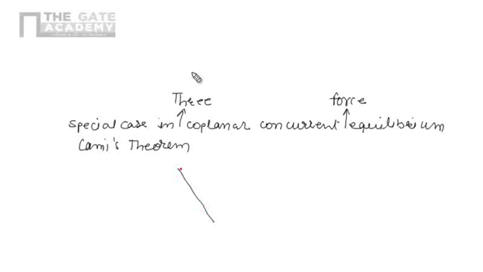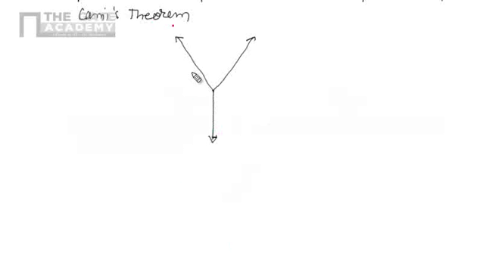Suppose there are three forces which are coplanar concurrent acting on a body and the body is in equilibrium. Suppose the forces are P, Q and R. The angle between P and Q is alpha, Q and R is beta, and P and R is gamma. That is a special case which we are calling Lami's theorem.